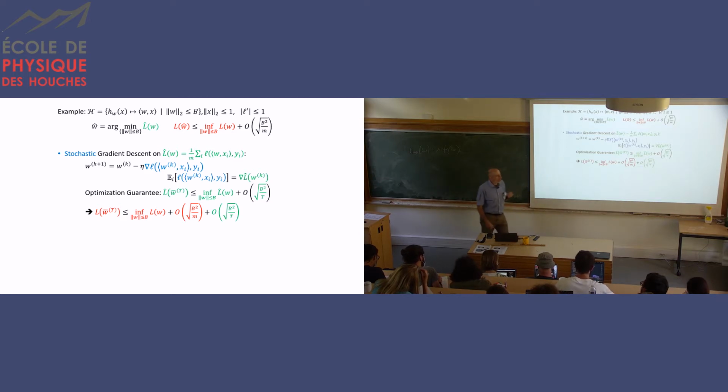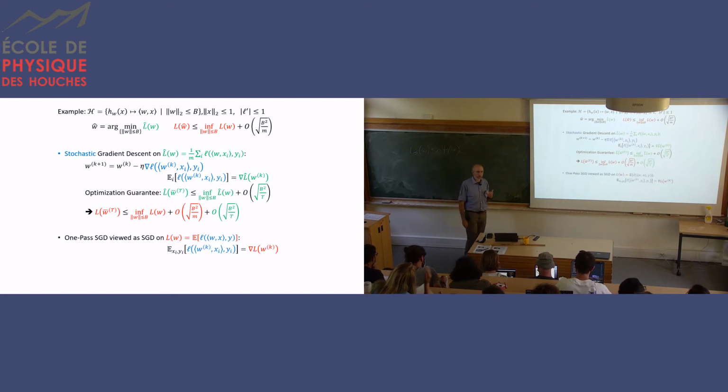What we did here, the view we took, is that we're running stochastic gradient descent as an optimization procedure on the empirical objective. But alternatively, you can also think of the objective for stochastic gradient descent as the actual population objective, what we actually care about.